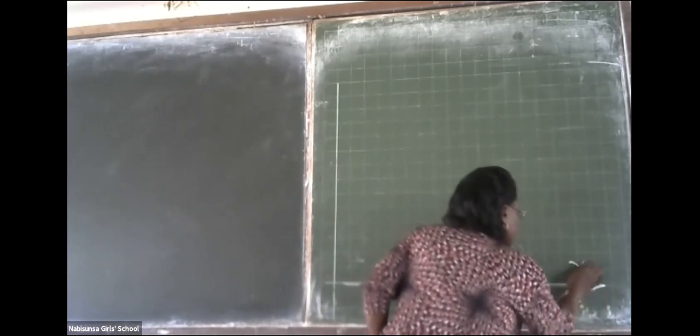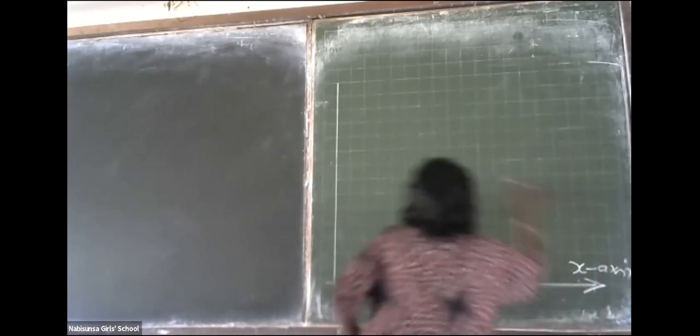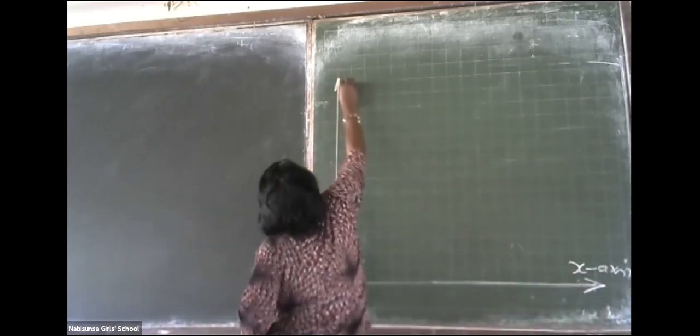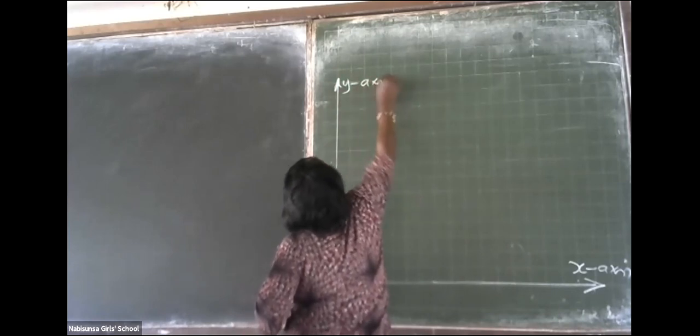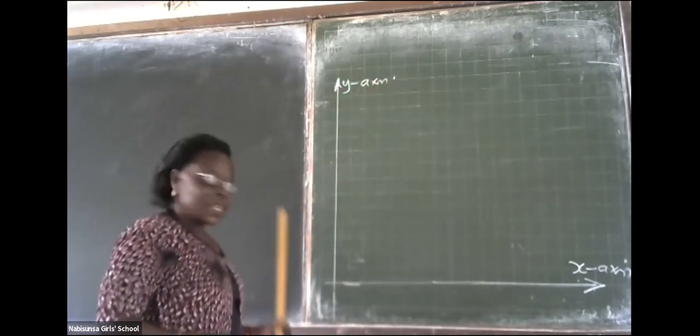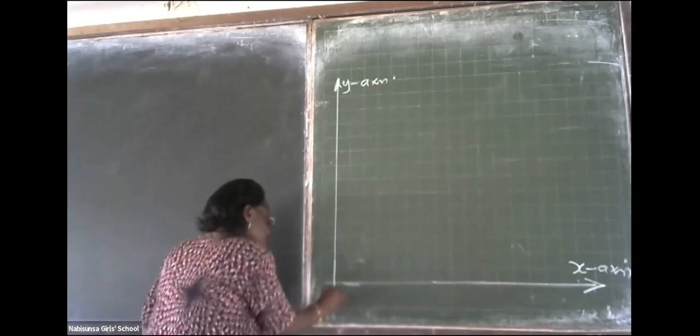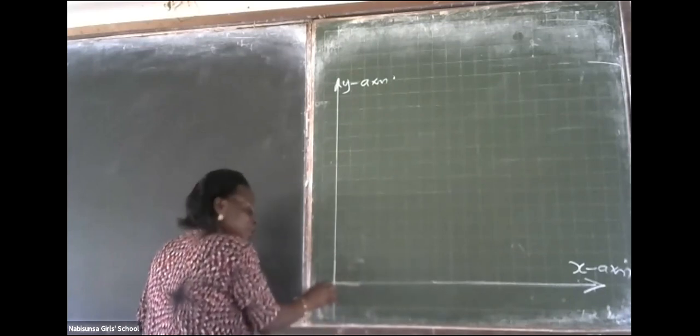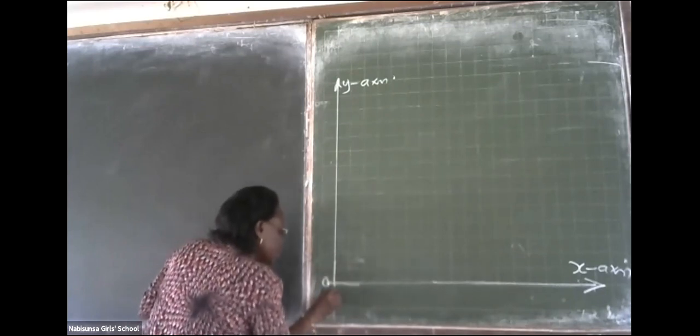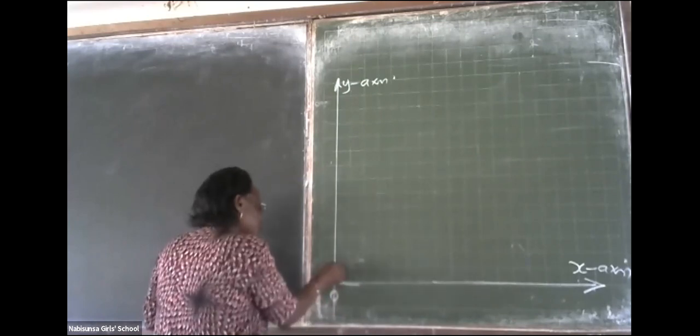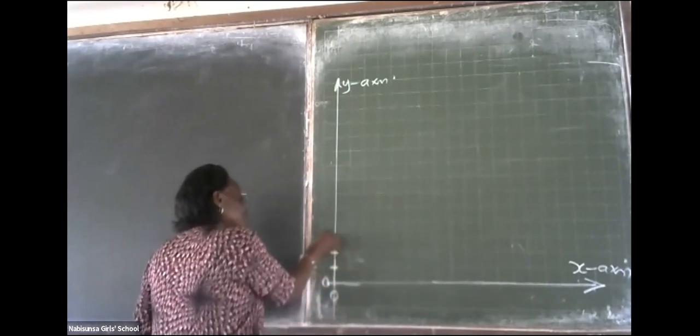The horizontal axis is the X axis. The vertical axis is the Y axis. After drawing the axes, they intersect at the origin. The point where they intersect is 0, 0. Now you mark the points on the axes.